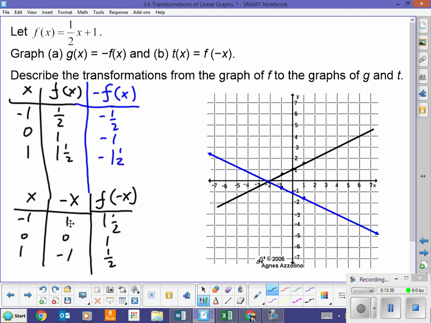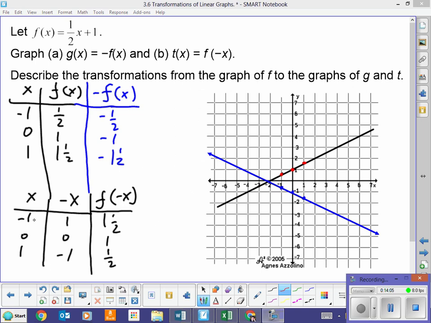Okay, so 1, 1.5. Let me do this in red. 1, 1.5 would be here. 0, 1 is here. And then -1, 1/2 is here. Sorry, I had that backwards, so it's -1 going to 1.5. Oops, let me make that a little clearer. -1 going to 1.5.